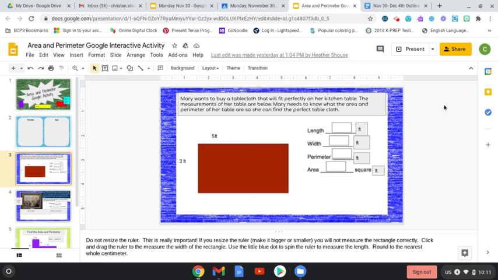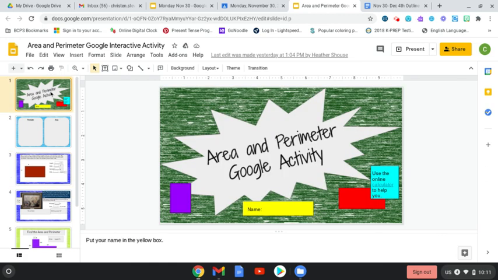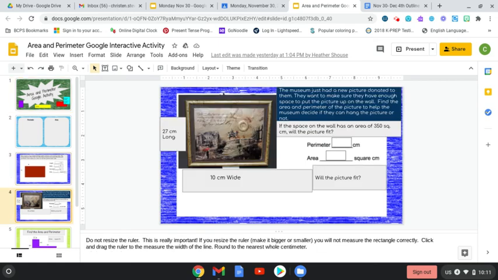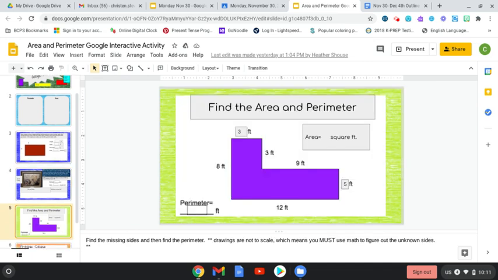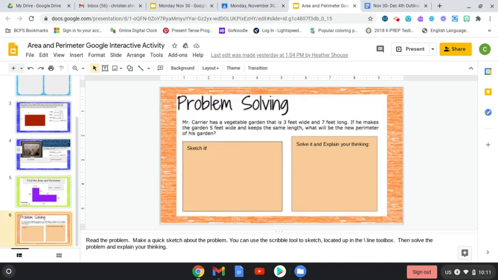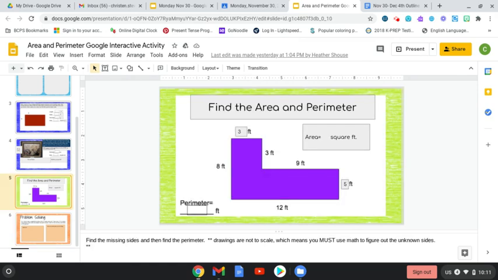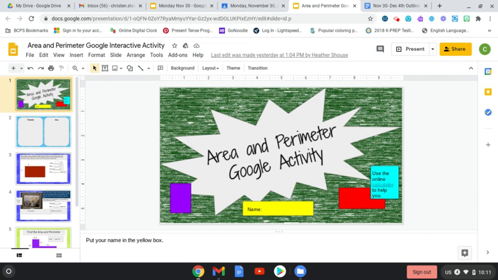And again, you have that option of using that calculator, and that calculator is on the first slide. So you're just going to have different ones to work on. So that is your exit ticket for today. And again, that's located in Google Classroom.